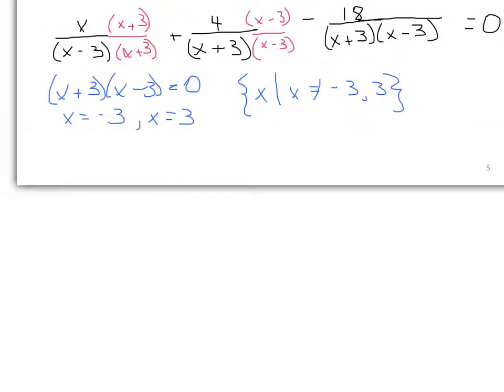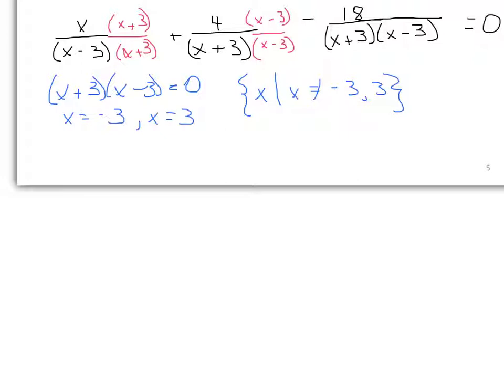Now that we've done that, we no longer need our denominator x minus 3 times x plus 3. And think of it this way. If you multiplied everything on both sides of the equation times x minus 3 and x plus 3, you would clear the denominators and you would still have 0 on the right because 0 times anything is still 0.